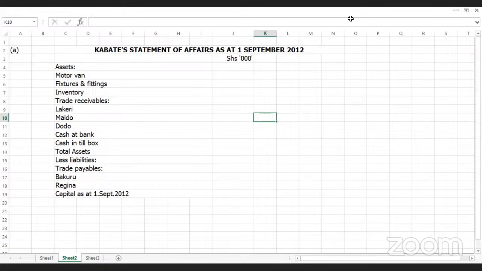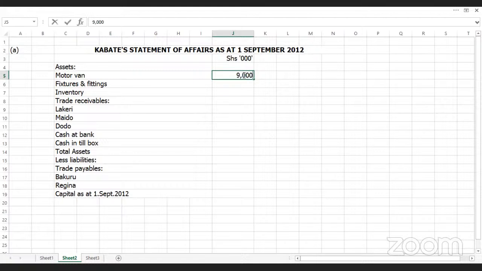Under the assets, you have the motor van. How much is the motor van balance? 9,000. Okay, that is 90 million. The 3 zeros are up there. The level of rounding off is 1,000. So the motor van is 9,000.